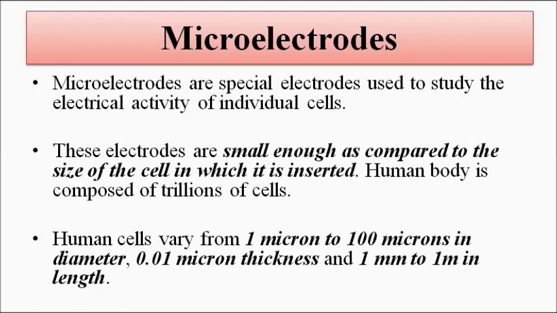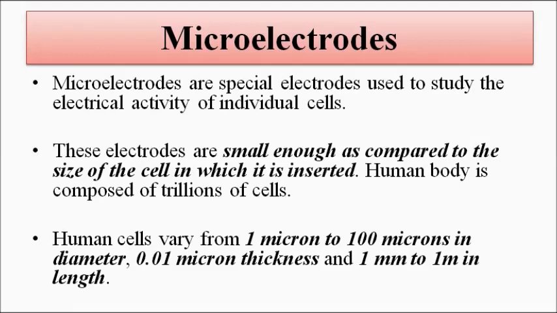Now we all know that the human body is composed of trillions of cells. Cells combine to form tissues, tissues combine to form organs, organs combine to form specific systems, and all those systems combined make the human body.